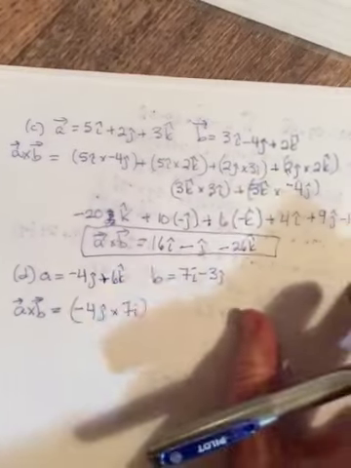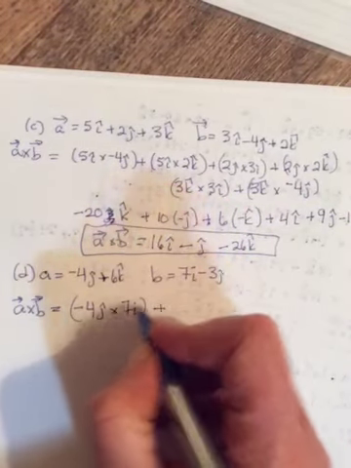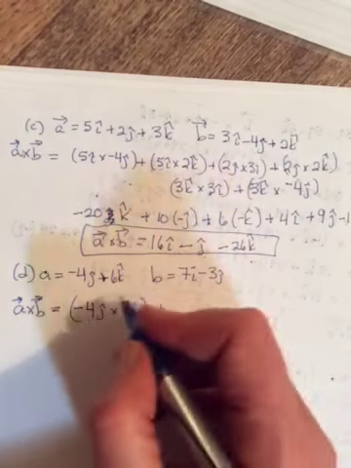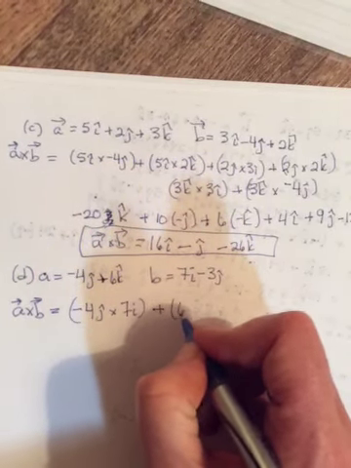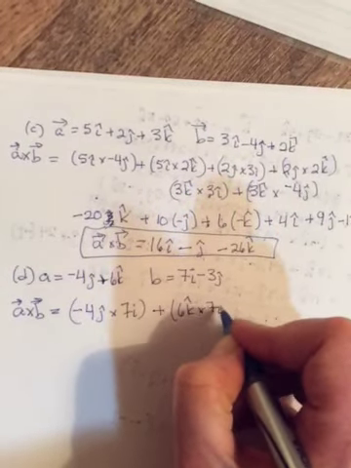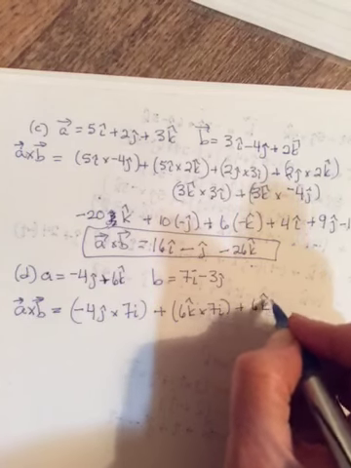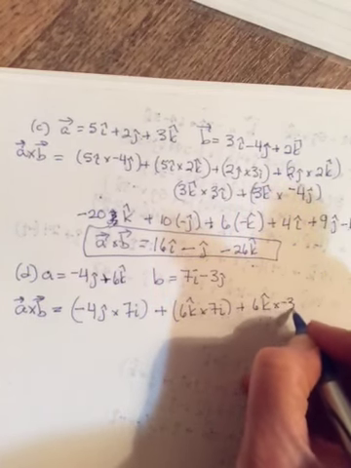That one stays. Plus this j and j you don't have to do, since they go to 0 when you do it, so the next term will be 6k cross 7i plus 6k cross negative 3j.